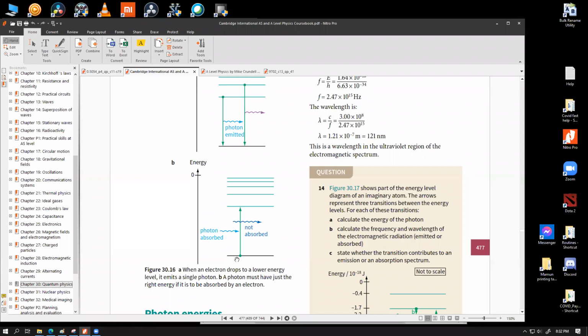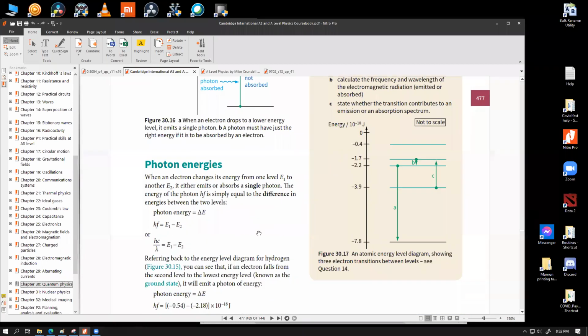It will absorb a fixed amount of photon, which is exactly equal to its convenient jump size. So other photons will not be absorbed. This is basically what happens in the absorption spectra behavior, that they absorb the photons which are convenient for them to make a jump from one level to the higher level above.